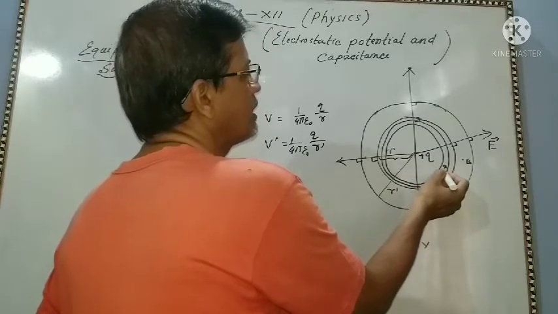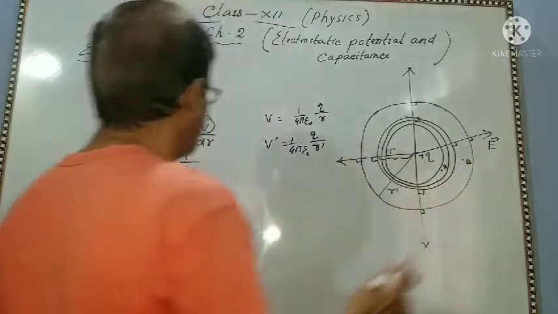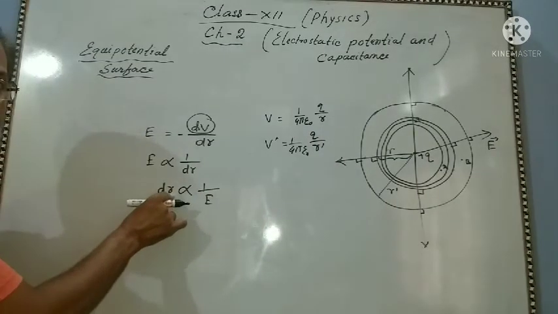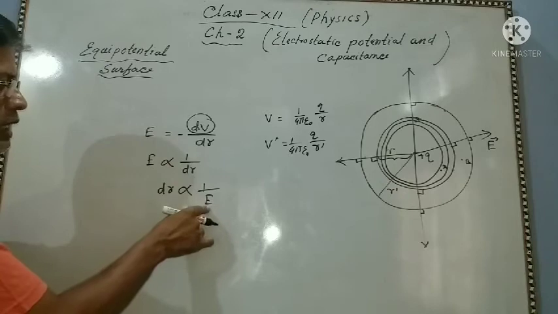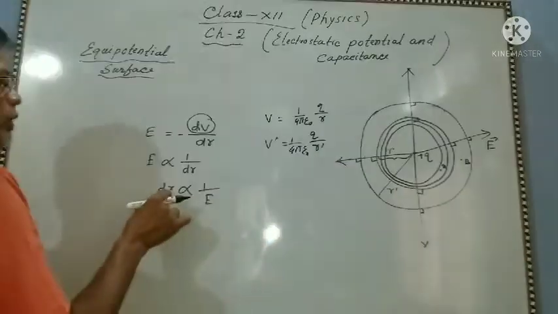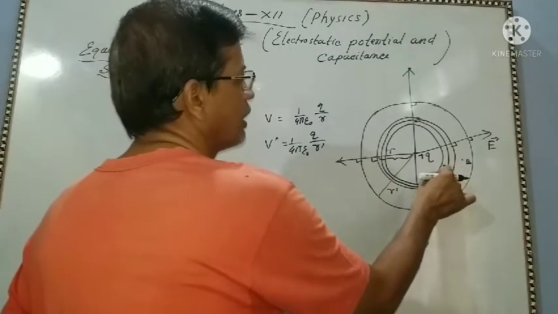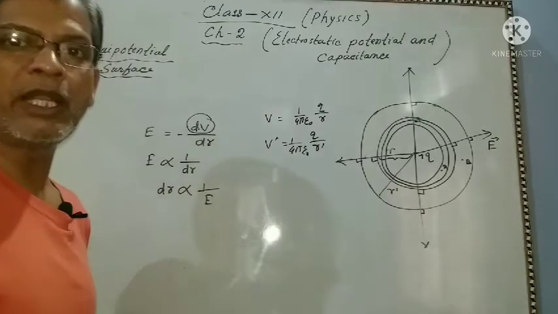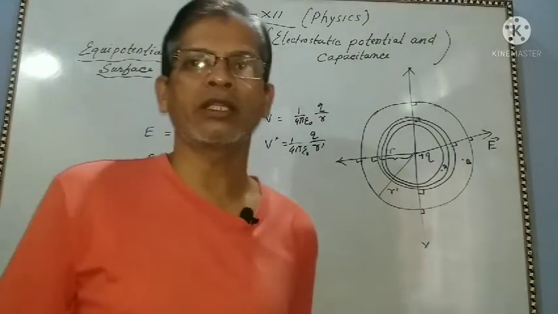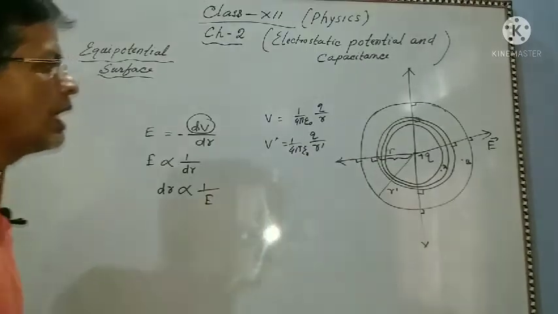Here dr is less, so the electric field is more. So the electric field at point A will be more than the electric field at point B. Clear?